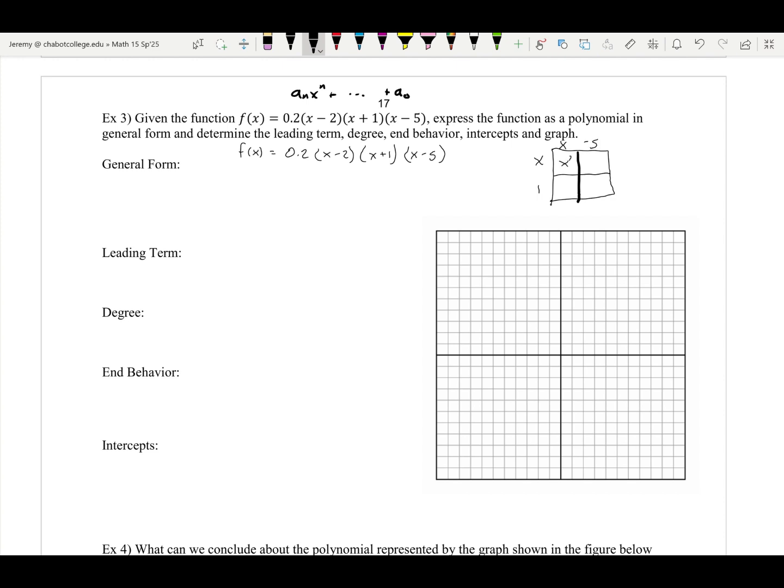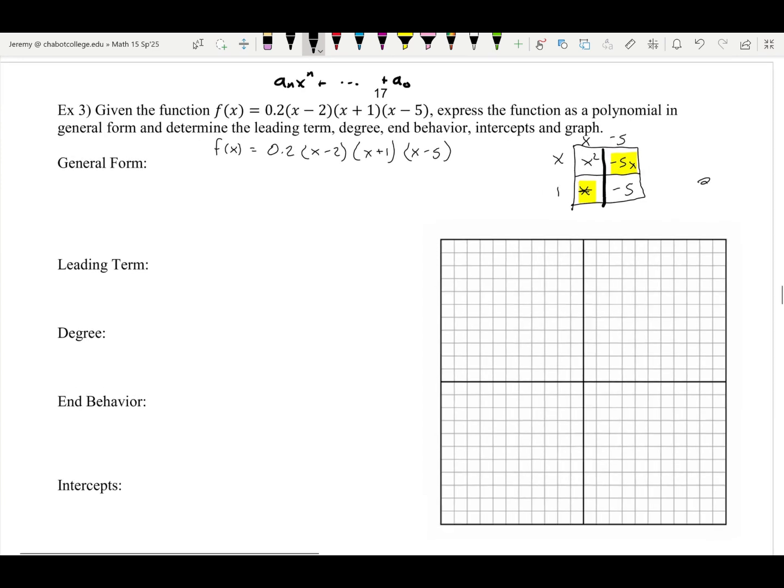Multiplying x and x, I get x squared. This will be negative 5x. This will be x. This will be negative 5. The x and the negative 5x are like terms, so I can just add those together when I write down my next step here.